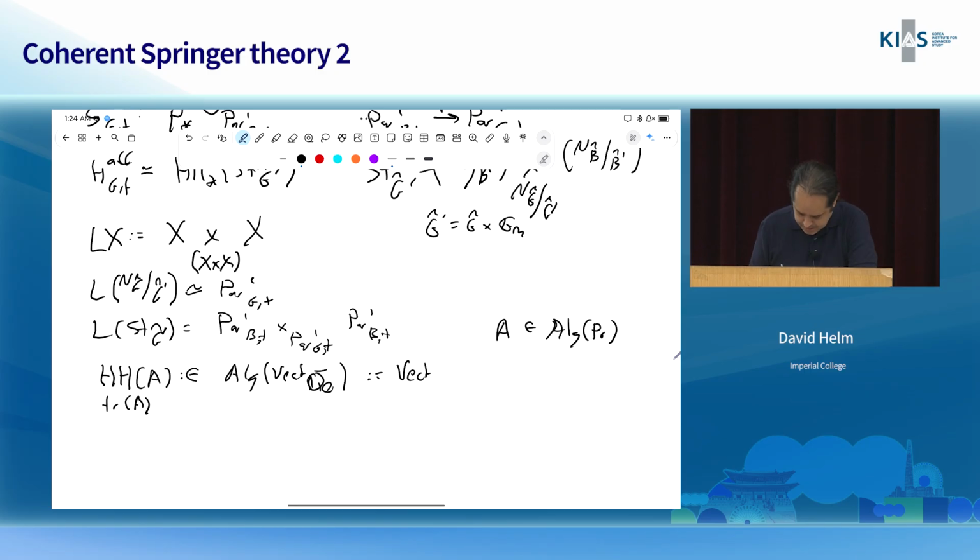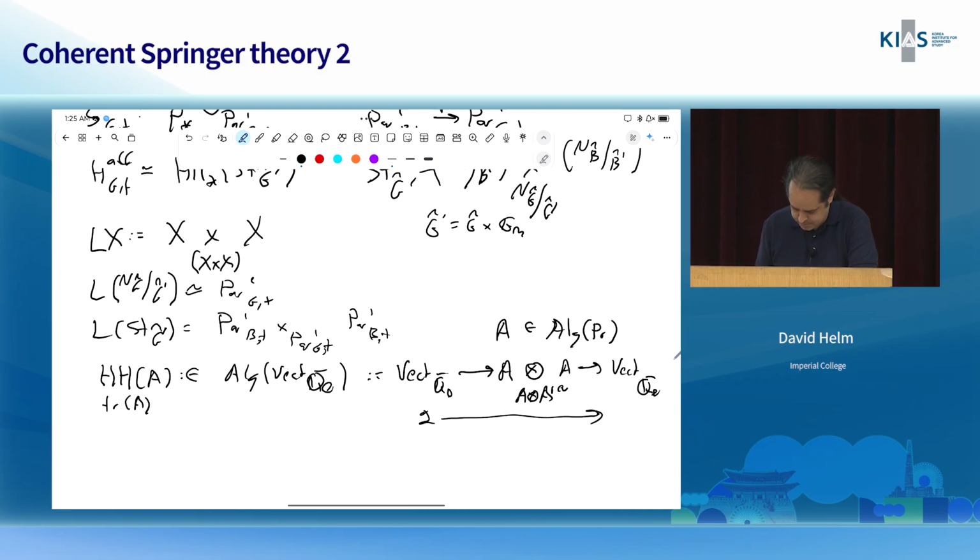It's given by basically looking at the composition of the co-evaluation from Vect Q l bar to A tensored over A tensor A rev with A, and then evaluation back down to Vect Q l bar.